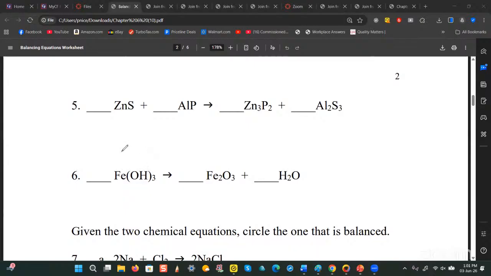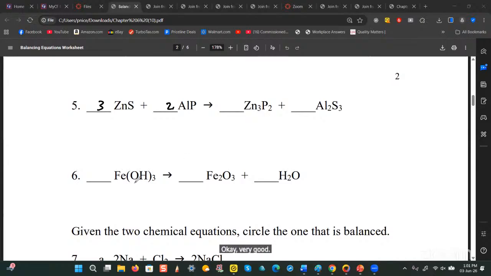Would you put a 3 in front of the first compound? A 3? Okay, I would agree with that. And 2 in front of the other one. Okay, and that's it? Okay, that's it. Very good.